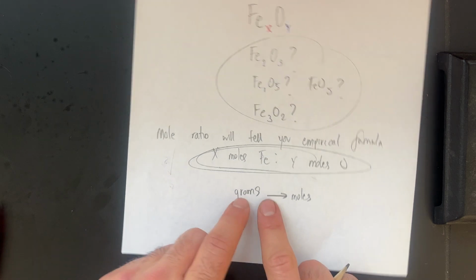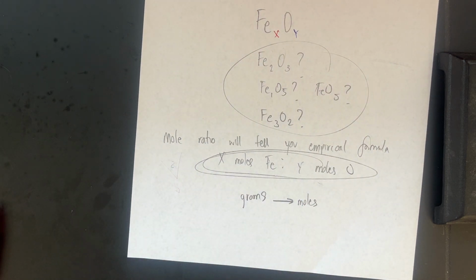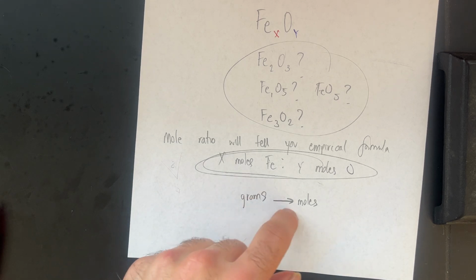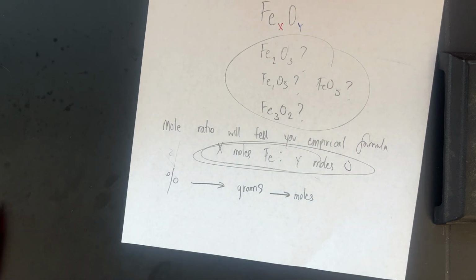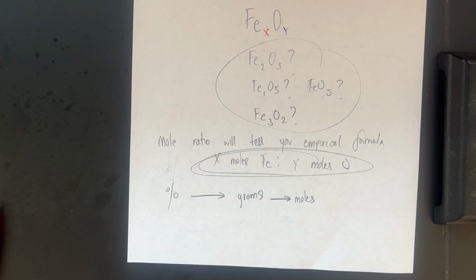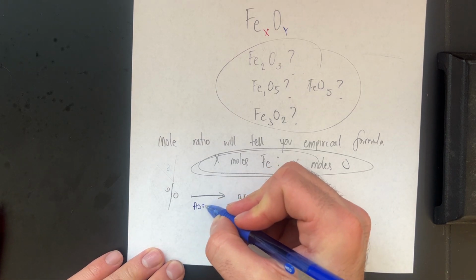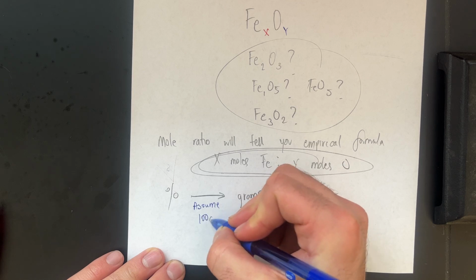Remember, we did this in 6.2, so we know how to go from grams to moles. But the question is, how do we go from percent to grams and then to moles? And here's the trick: you need to assume a 100-gram sample.